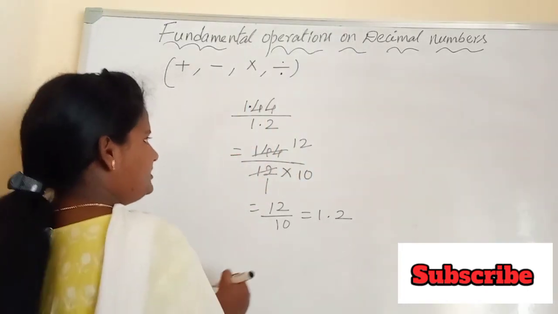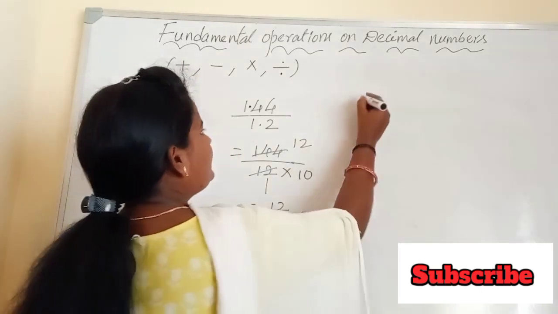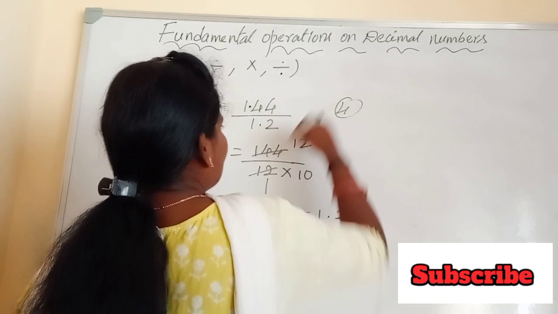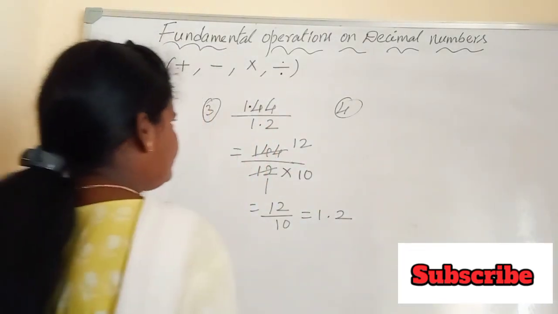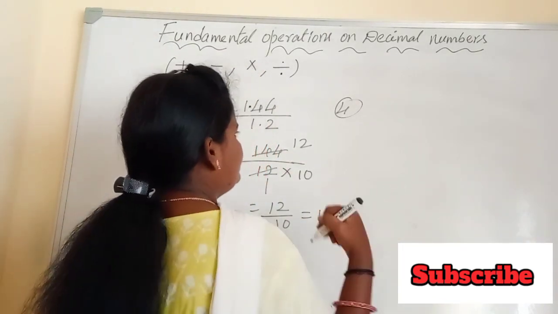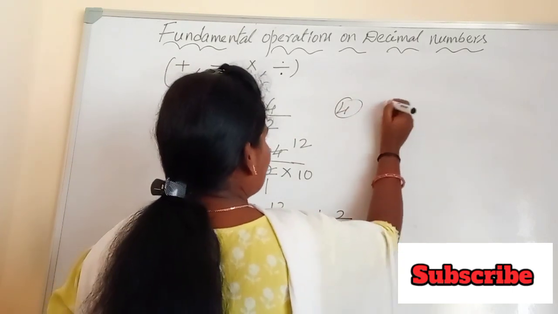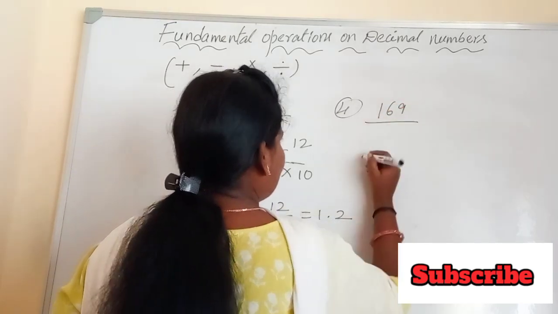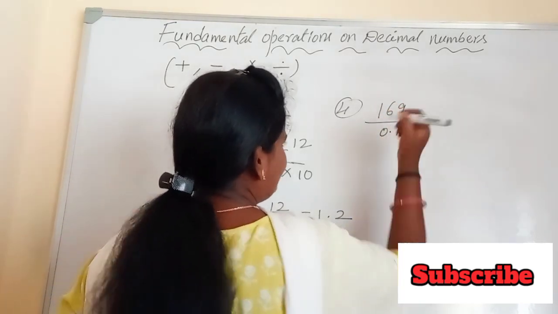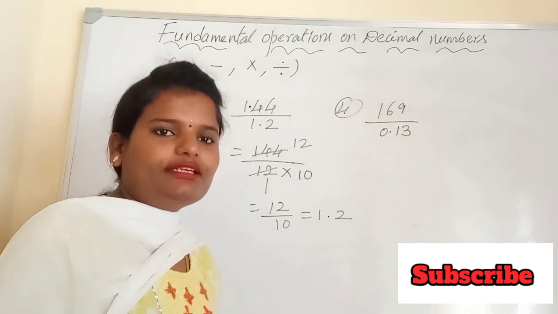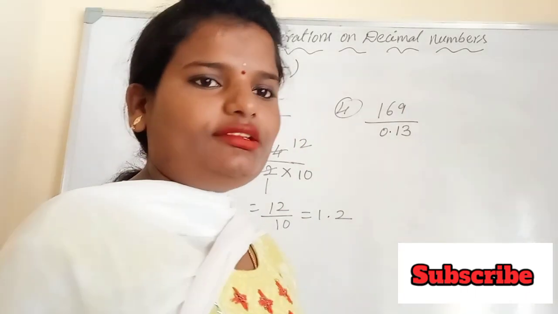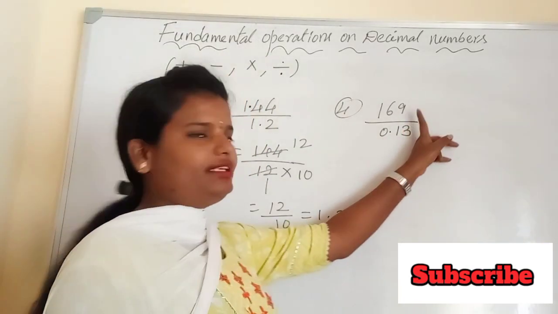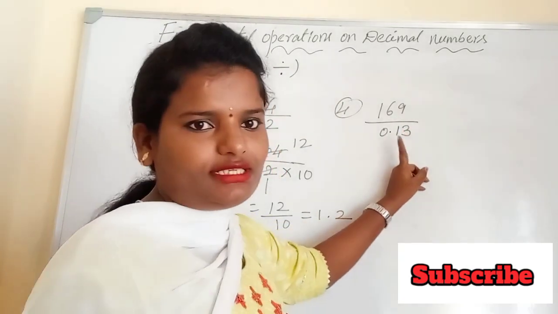So next example, see here. 169 divided by 0.13. In this case, what should we do? If you observe, in the numerator it is an integer, and in the denominator it is a decimal number.